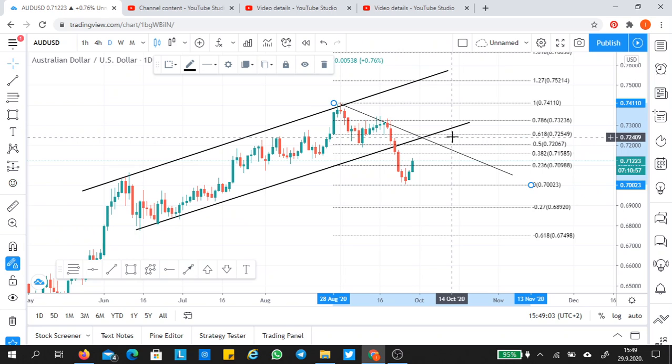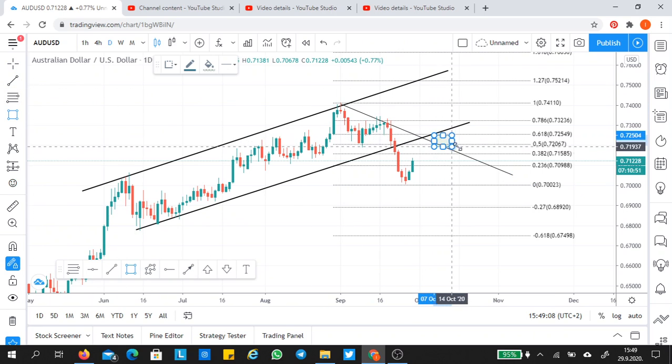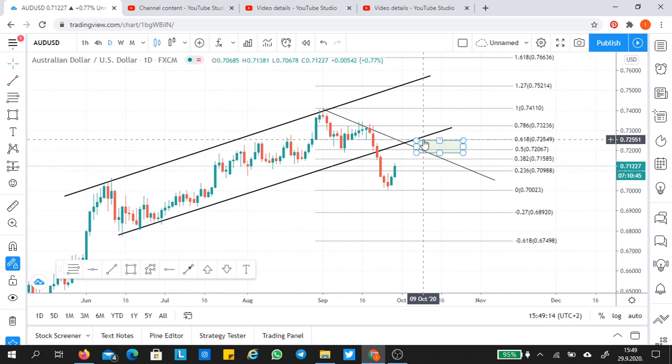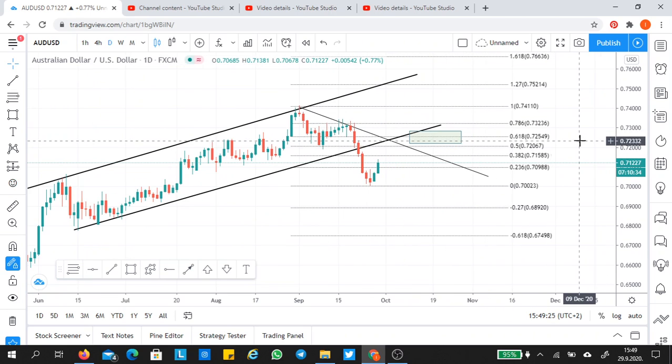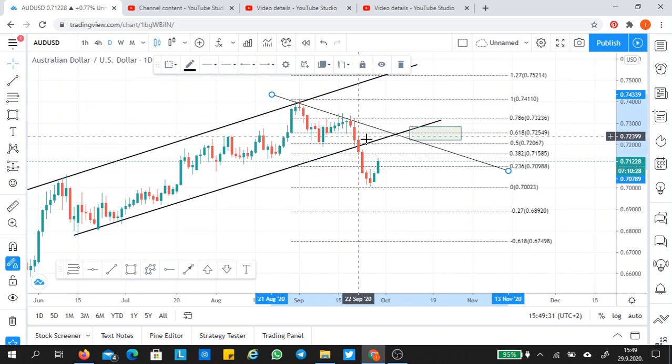So I want to see that the market makes some pullback to the upside, and that this pullback stops somewhere around this area between the 6180 and the 7860, and that this also matches with the trend line on the daily, the downtrend line, and this will then indicate another short position for me.